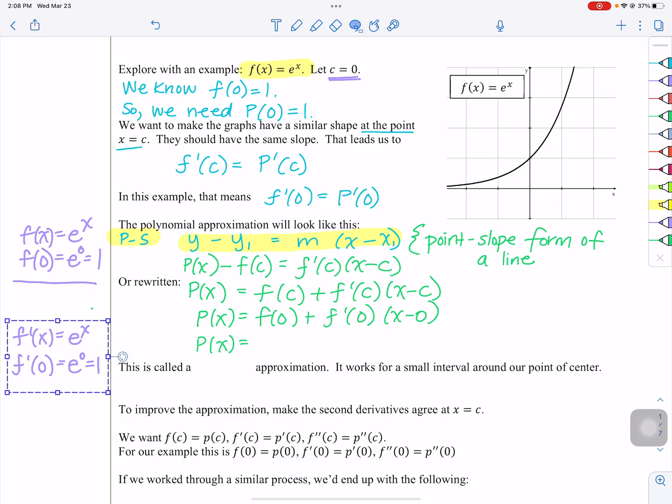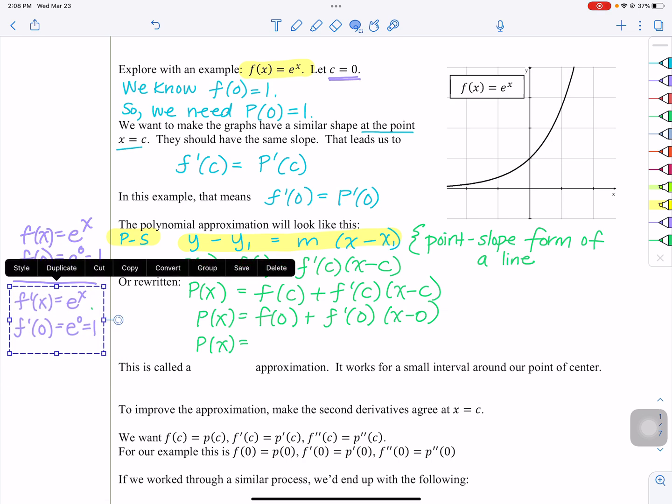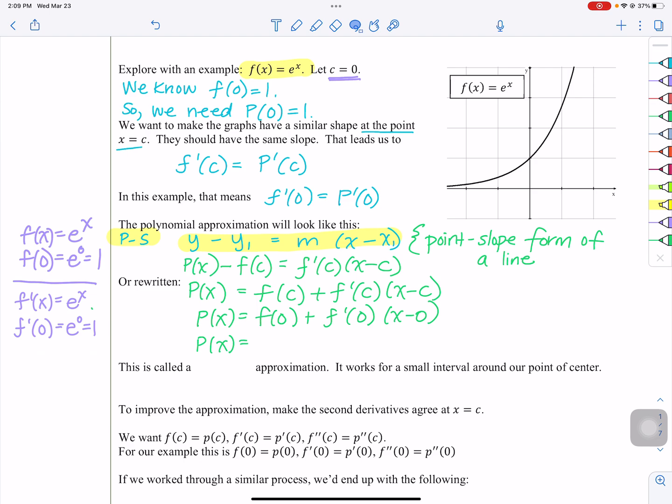So now we will put those values in. We have f of 0 is 1 plus 1 times x. And that leads us to p of x equals 1 plus x.